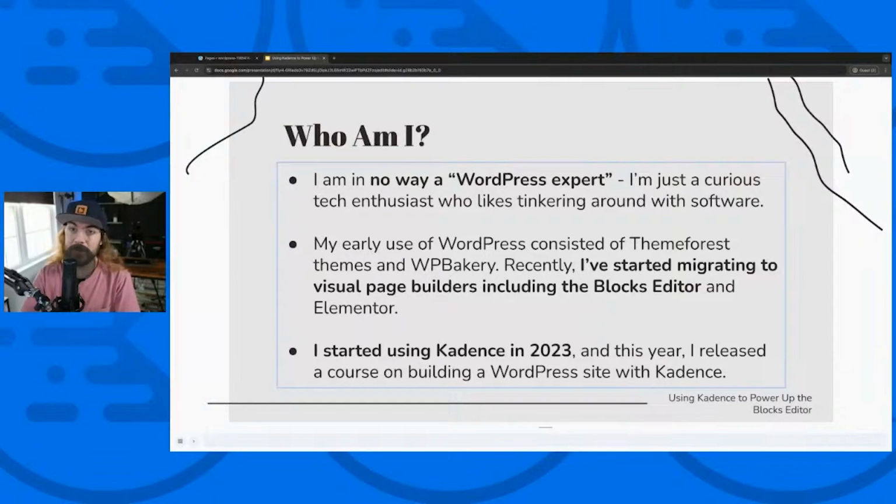I've started migrating to visual page builders, mainly the blocks editor and Elementor. And my migration to the blocks editor is directly thanks to Cadence, as you'll see later with the demos. I started using Cadence in 2023, and this year I released a course on building a WordPress site from start to finish using Cadence and the blocks editor.